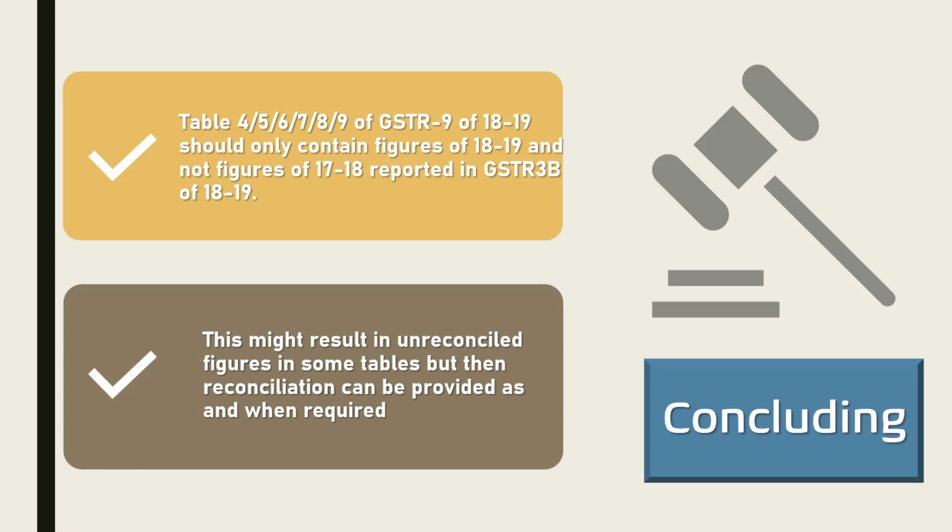So for now, the rationale is all the tables of GSTR 9 of 18-19 would be covering figures of 18-19. It would not be covering figures of 17-18 which have been reported in GSTR 3B of 18-19.